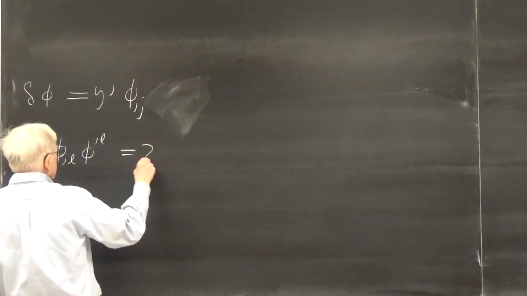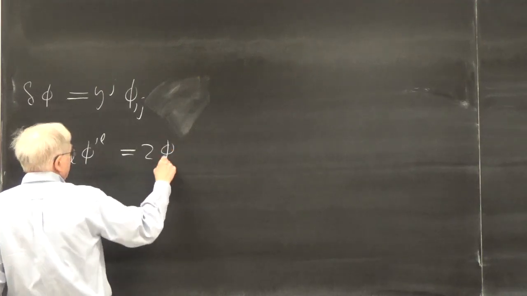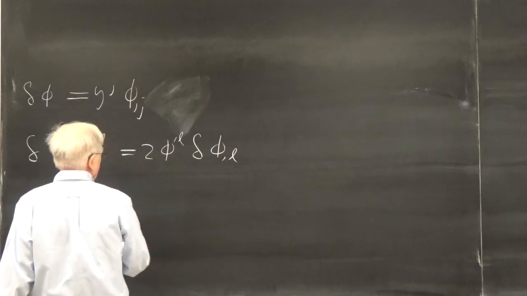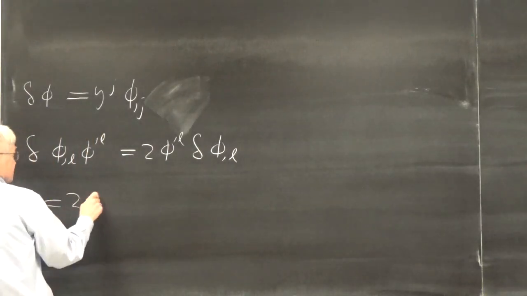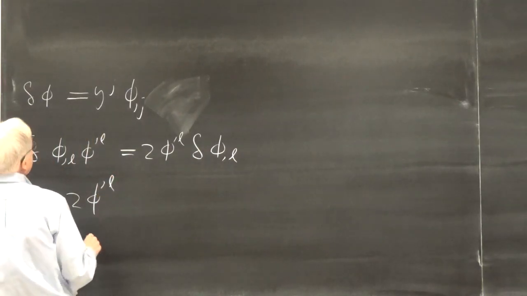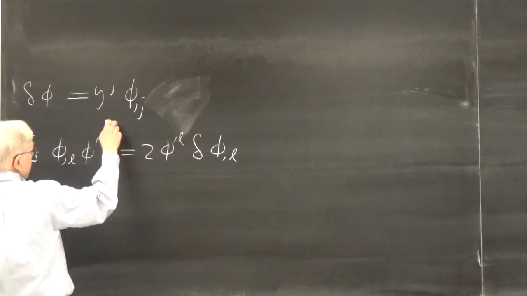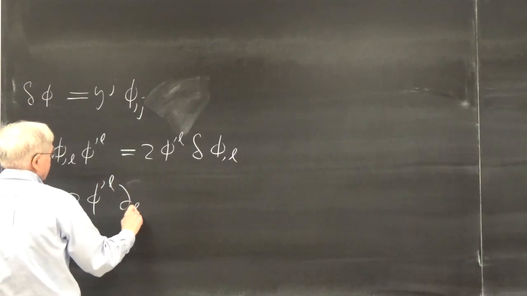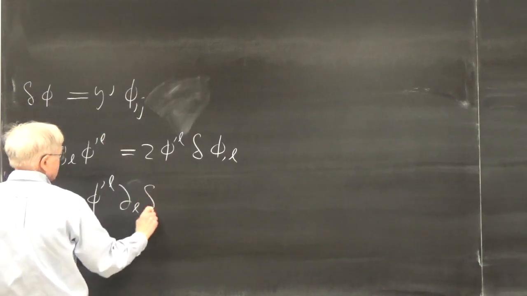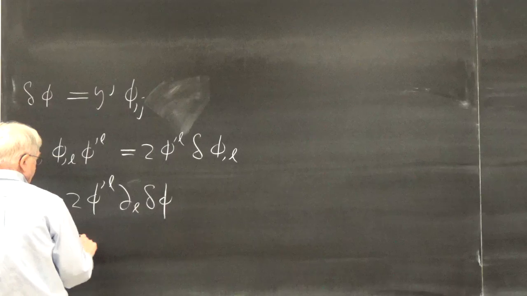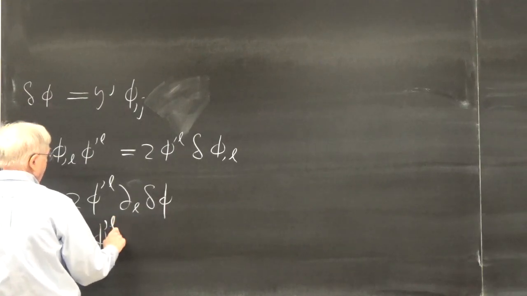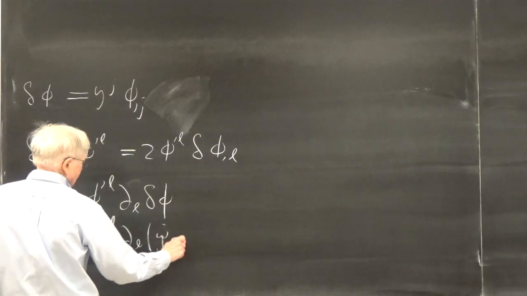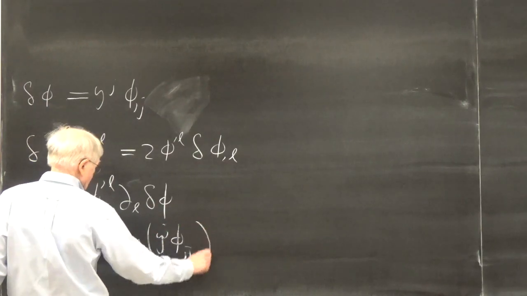This is going to be twice phi comma L times the change in phi comma L, and the change in phi comma L is presumably just the Lth derivative of the change in phi. So that's 2 phi comma L, the Lth derivative of y^j phi comma j.